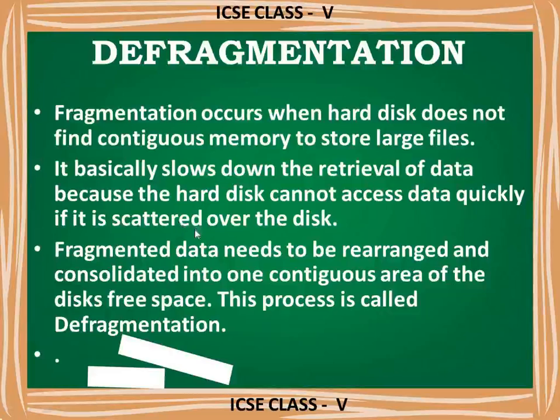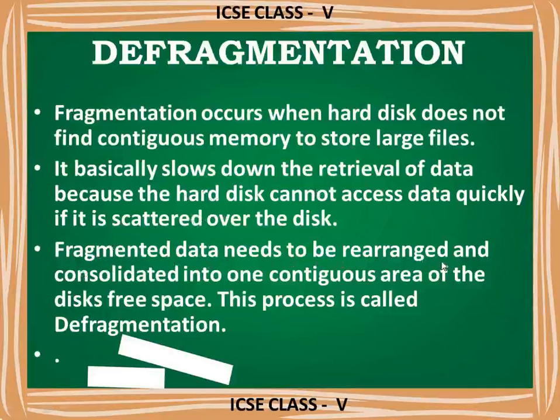We have to keep data in order so we can access files quickly without wasting time. For example, if you throw things here and there in a room, it takes time to collect them all, but if you keep them in a proper place, you can access them easily. The same concept applies here.